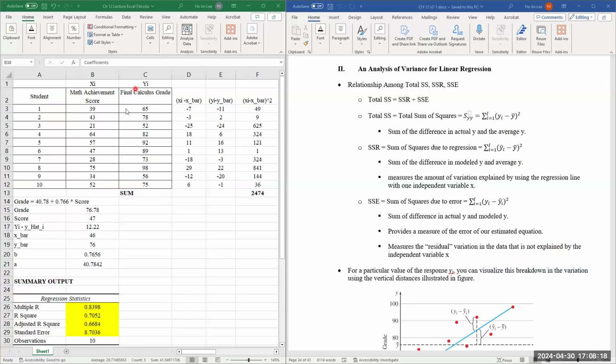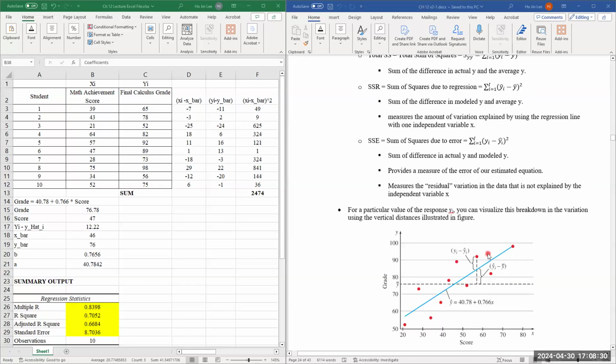I'm going to calculate each of these using the data. We're going to hand calculate that. And then I'm going to show you, by the way, it's spit out already in our summary output here. Okay. So what does this look like visually? Here our red data points are the math achievement score and the final calculus grade data that we're given.